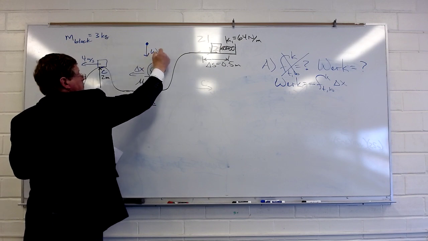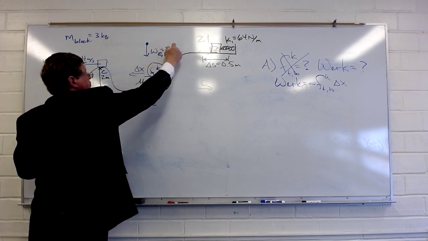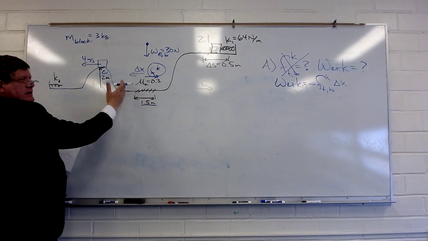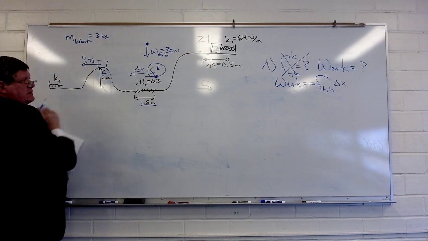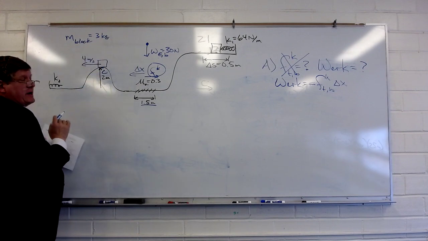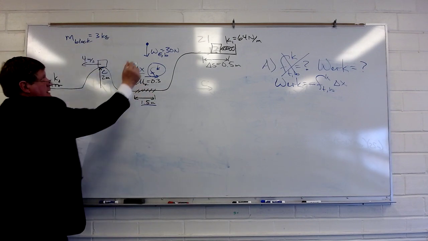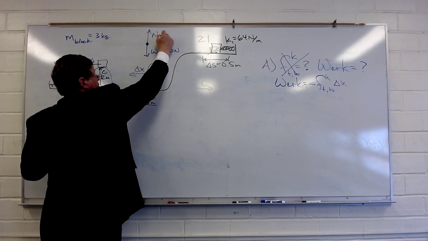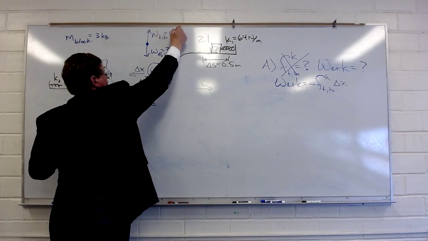I have a weight force that is 30 newtons. If the block is moving to the left and slowing down, the acceleration should be to the right. But none of the acceleration should be up or down here. And so that means the normal force here by the track on the block would also be 30 newtons.